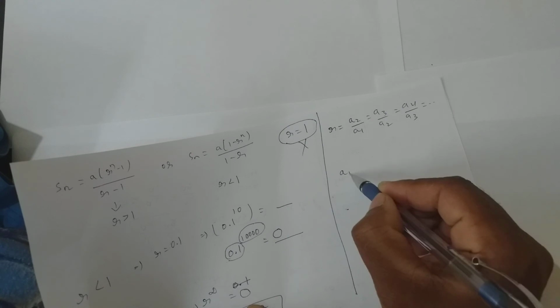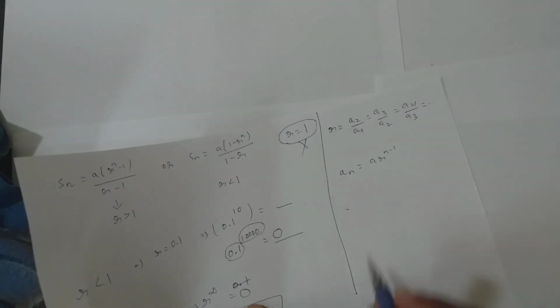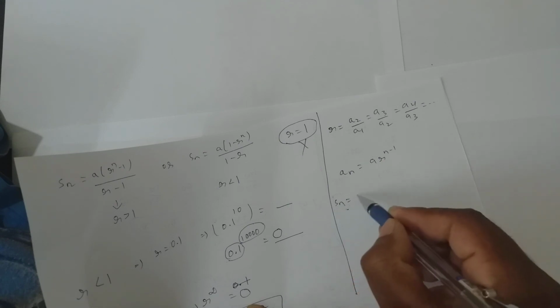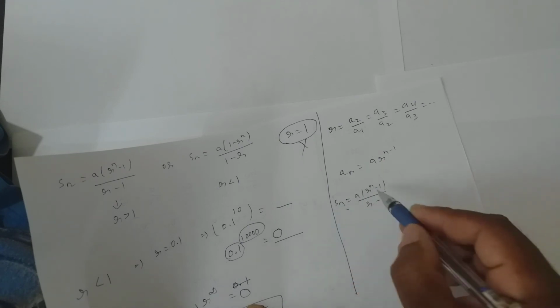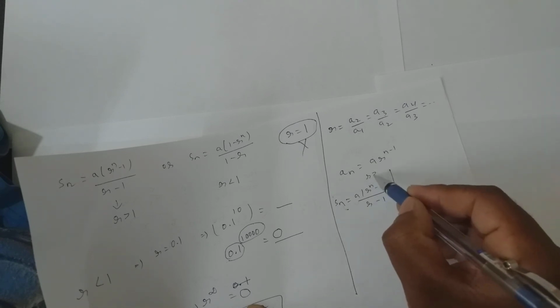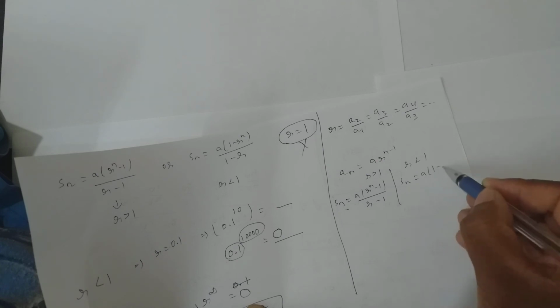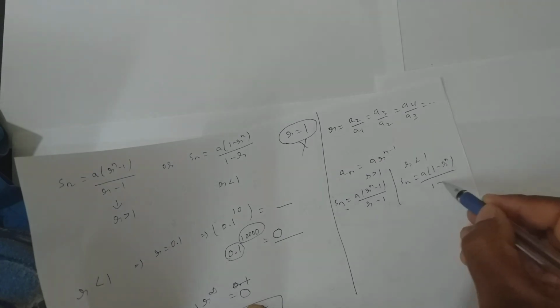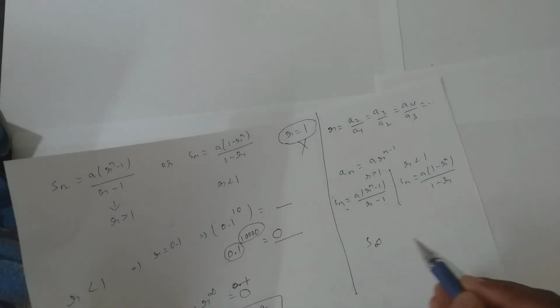Next, the An formula you learnt to be A into r power n minus 1. And the Sn formula you learnt to be A into r power n minus 1 by r minus 1 if r is greater than 1. If r is less than 1, you learnt Sn to be A into 1 minus r power n by 1 minus r. And one more formula you have learnt is S infinity.